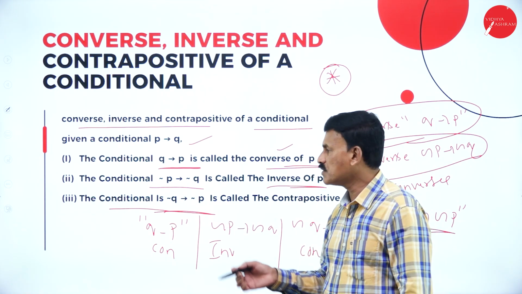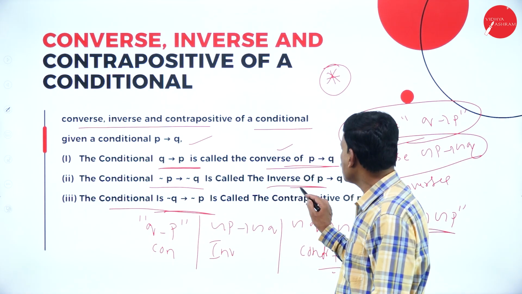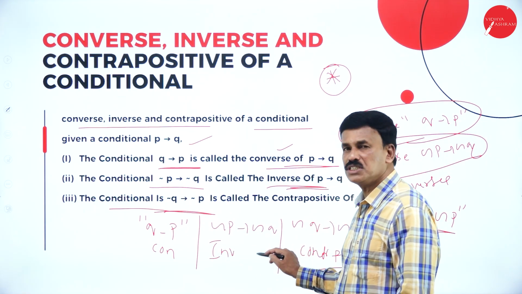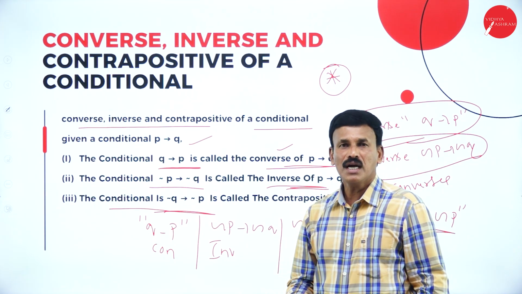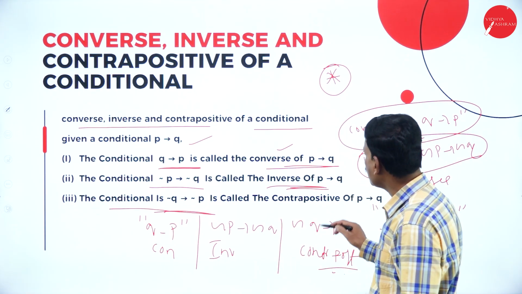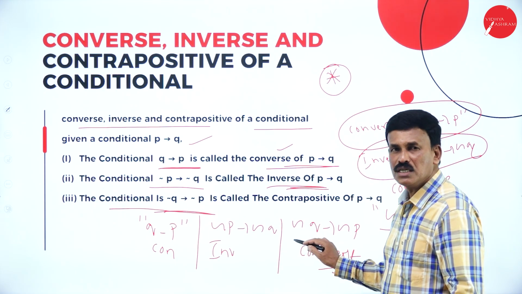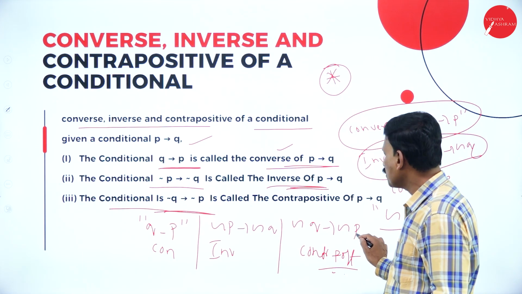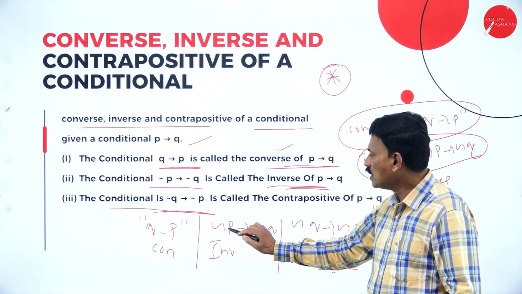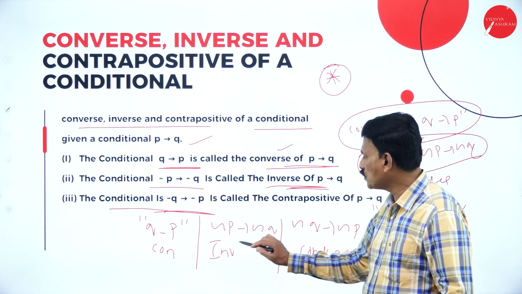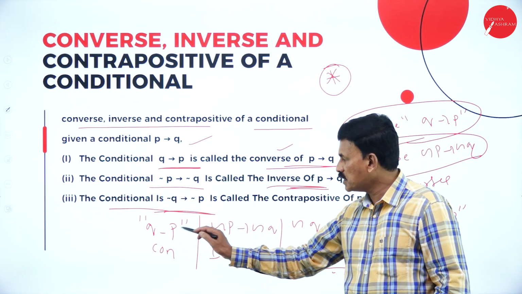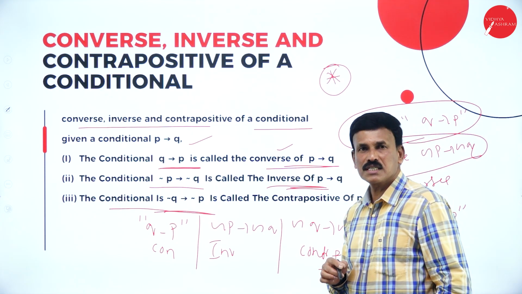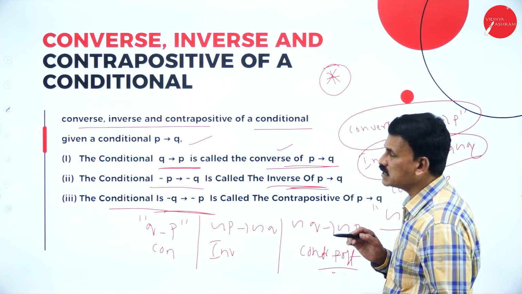And the inverse is negation of P conditional to negation of Q. And the contrapositive is negation of Q conditional to negation of P. So these are the converse, inverse, and contrapositive for the given conditional statement.